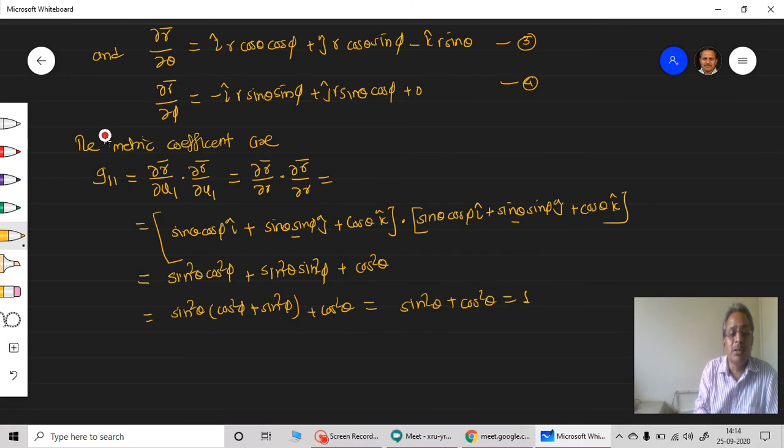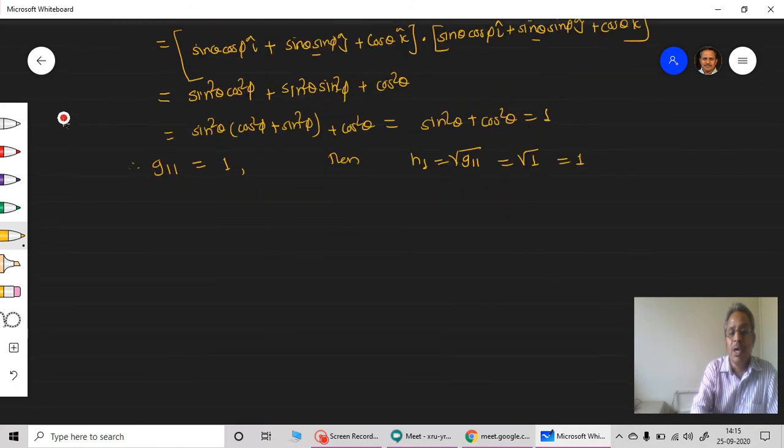That means I got G11 equal to simply 1, and then I know the relationship between scale factor and metric coefficient. Therefore h1 is root of G11, that gives me root of 1, and therefore it is simply equal to 1. Okay, this is my first calculation, G11.